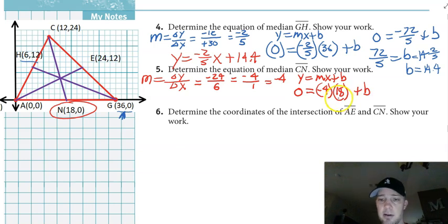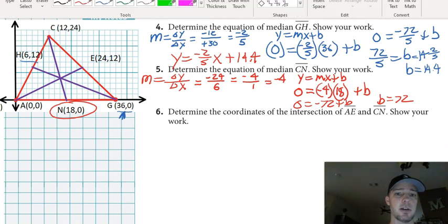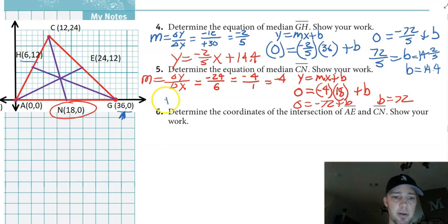So then from here, I get negative 72. And add 72 to both sides. So once you finally have solved for b, you know your slope and your y-intercept, so you can go ahead and write your equation for this one.